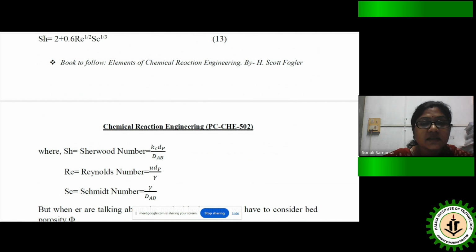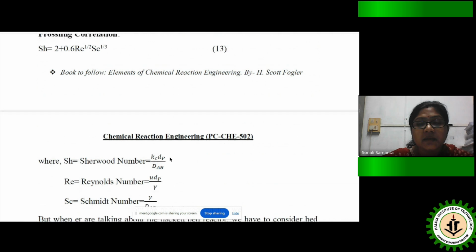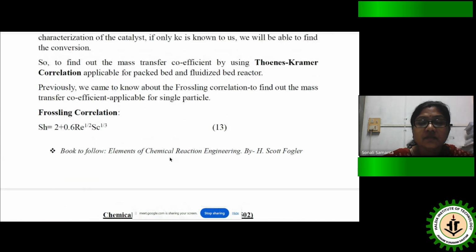So if you put that here, the Sherwood number is Kc dp by DAB equals 2 plus 0.6 Reynolds number, with Reynolds number u dp by nu and Schmidt number nu by DAB. So all these things are known to us. From this, we can easily find out the value of the mass transfer coefficient. In the same way, we can find the coefficient for the packed bed reactor, but only a few modifications have been made.